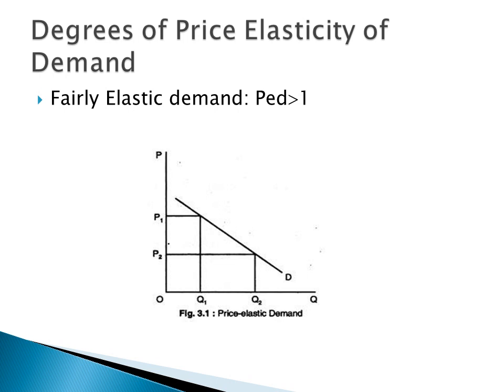A situation like this is called a fairly elastic demand. So when you solve a problem and you interpret your answer, once it is greater than 1, then that degree of elasticity is referred to as fairly elastic.